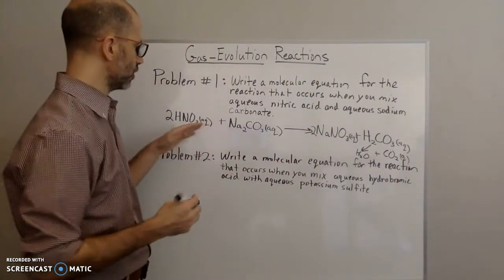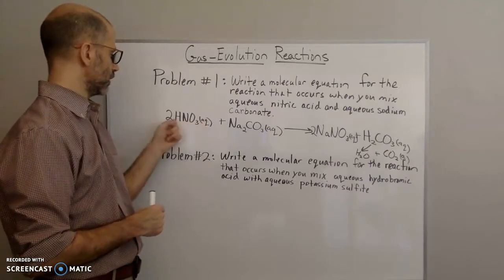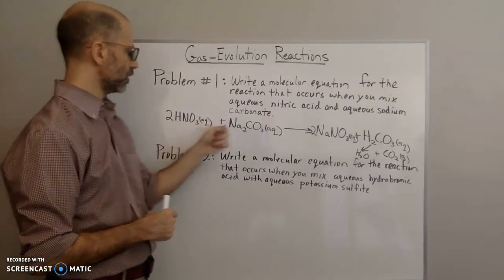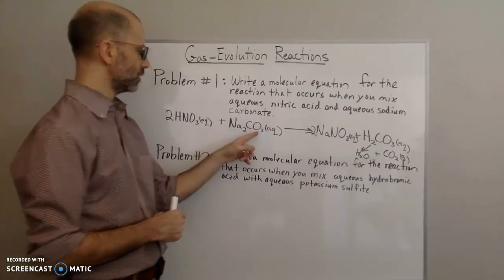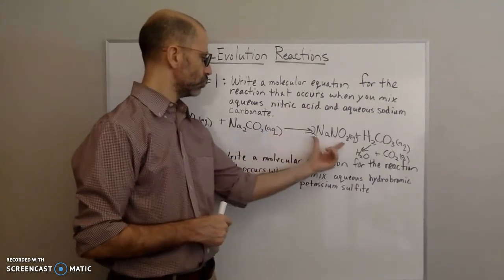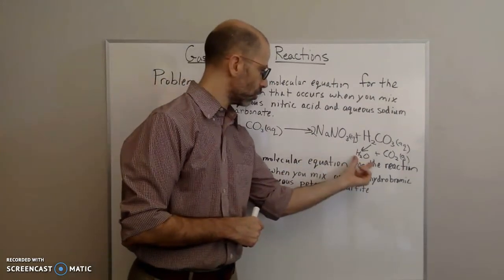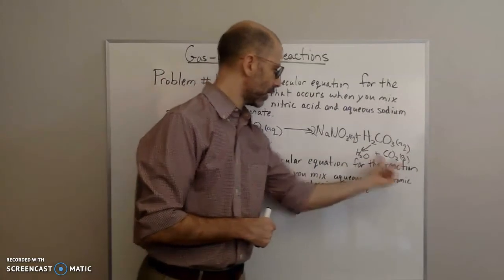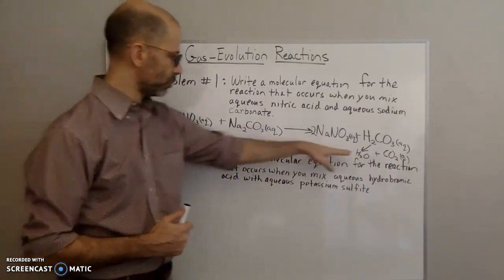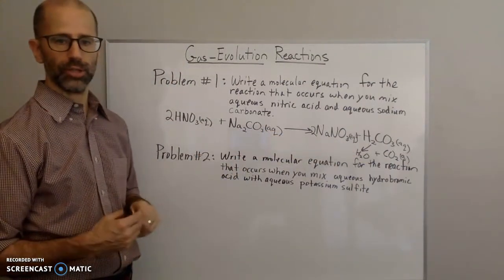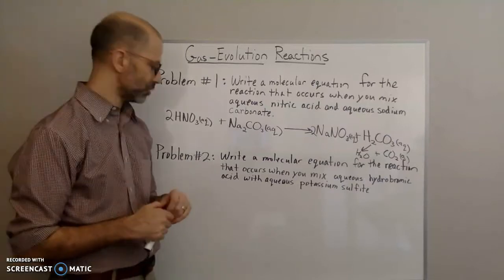So the molecular equation would end up being 2 moles of HNO3 aqueous plus 1 of sodium carbonate aqueous goes to 2 moles of sodium nitrate and 1 mole of water and 1 mole of carbon dioxide gas. That would be your molecular equation. So you've got to watch out for the intermediates for gas formation.